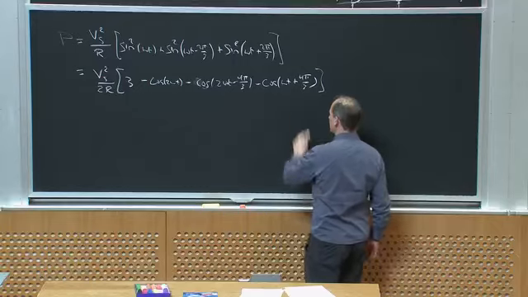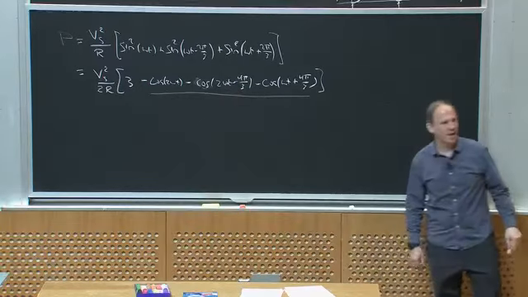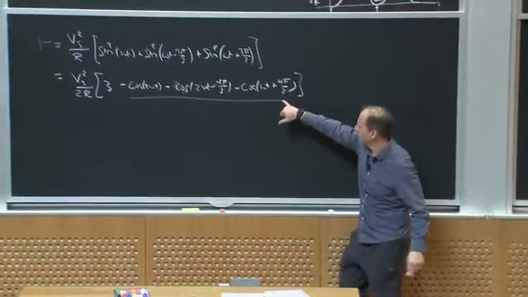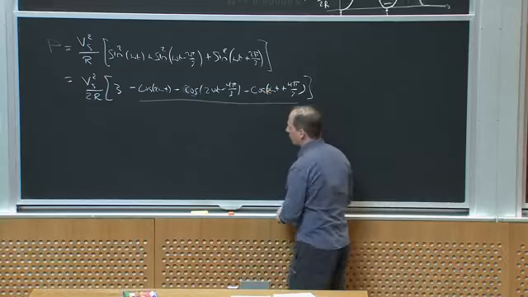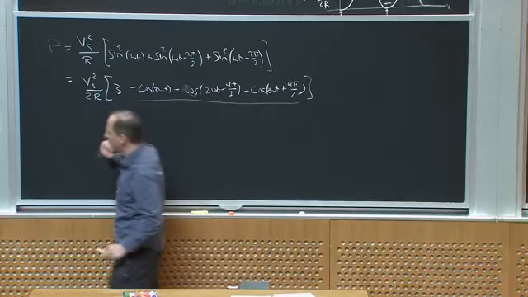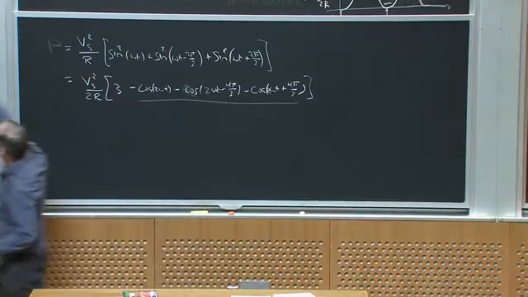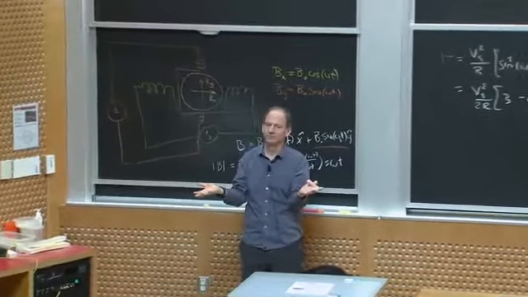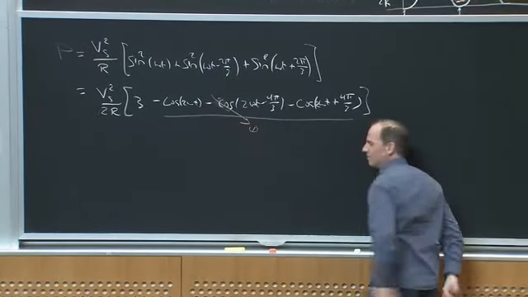If I look at these 3 terms, they form a 3-phase set at twice the line frequency. In other words, the phasors for these 3 terms are at 2 omega t, but they add up the same way those 3 signals add up, which is to 0. So these 3 things net to 0 all the time.